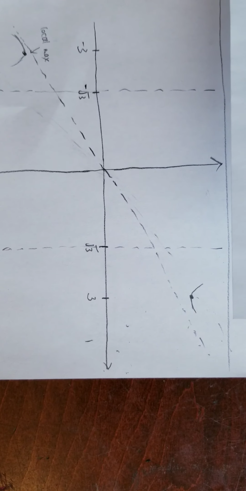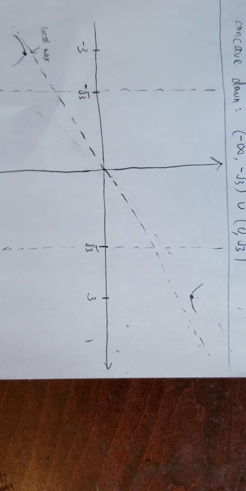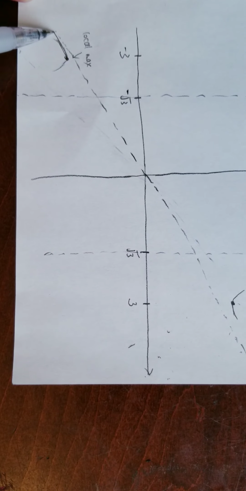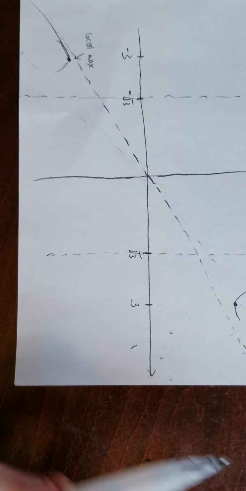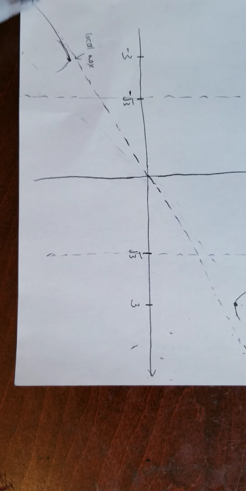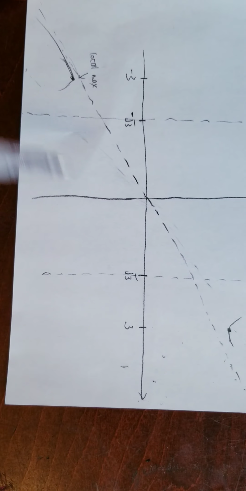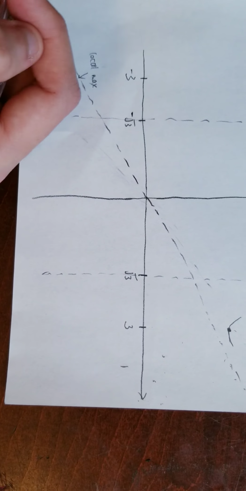So that means before negative 3, the function is increasing. And so I can carry on and draw like this. Because y equals x is a slant asymptote, this graph should approach this line when x approaches negative infinity.